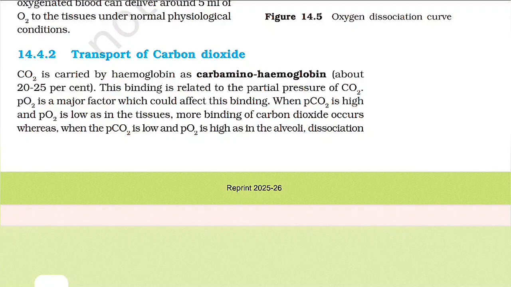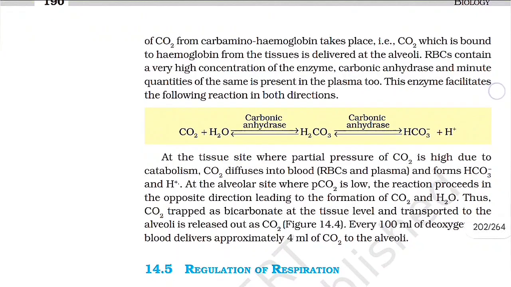When partial pressure of carbon dioxide is high and partial pressure of oxygen is low, as in the tissues, more binding of carbon dioxide occurs, whereas when the partial pressure of carbon dioxide is low and partial pressure of oxygen is high, as in the alveoli, dissociation of carbon dioxide from carbaminohemoglobin takes place. That is, carbon dioxide which is bound to hemoglobin from the tissues is delivered to the alveoli.